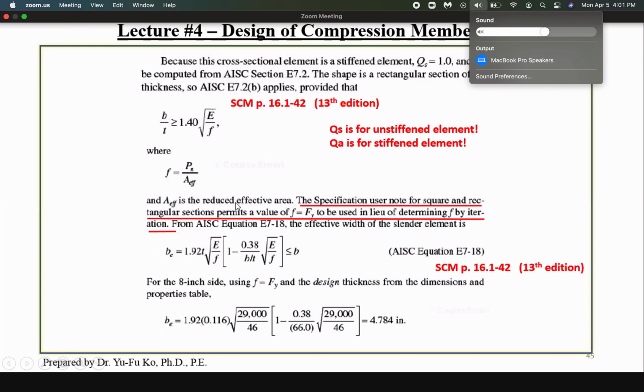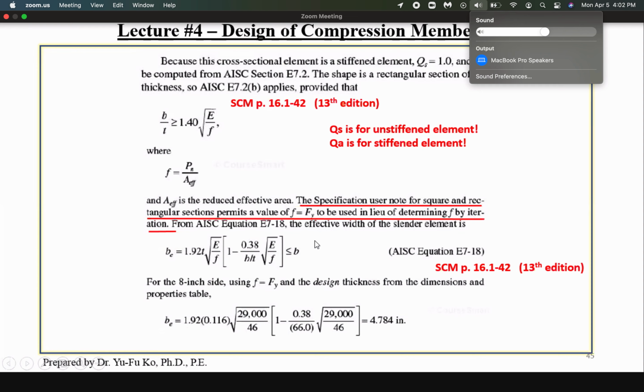So, from here, there are two approaches, like I mentioned to you in the beginning of the class. You can either do iteration to figure out this f, or you can simplify the procedure by making an assumption of this f value.